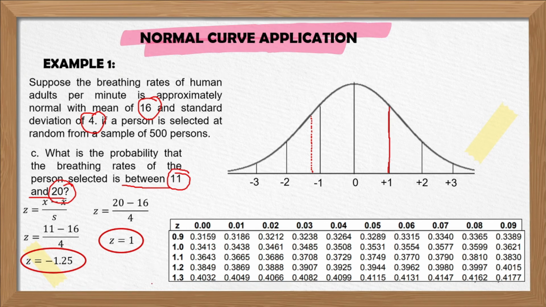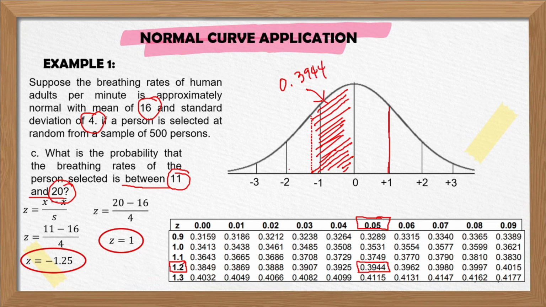So we can easily locate the area of 1.25 from the z table. So let us get this 1.2 and 0.05. So that makes up 1.25. So the area is 0.3944. So the area from 0 to negative 1.25 is 0.3944. So let us shade this region.